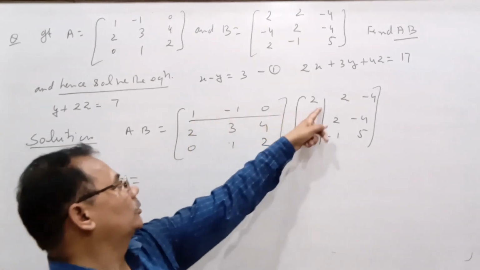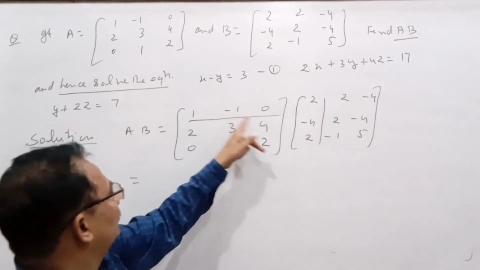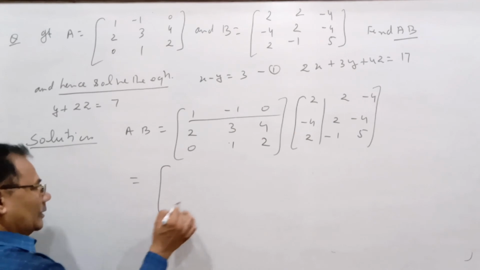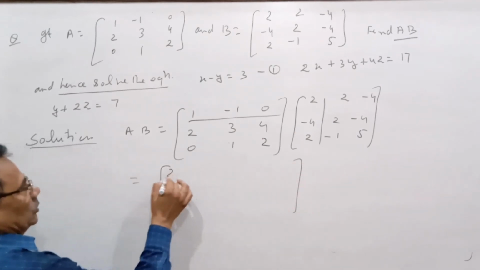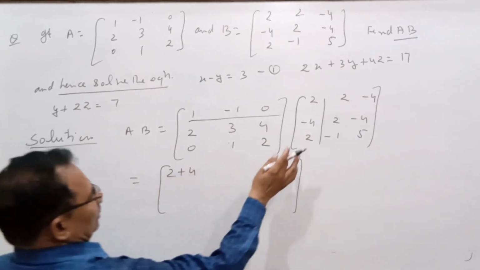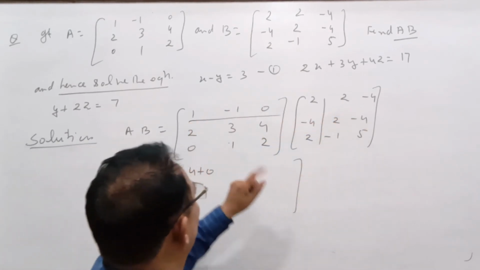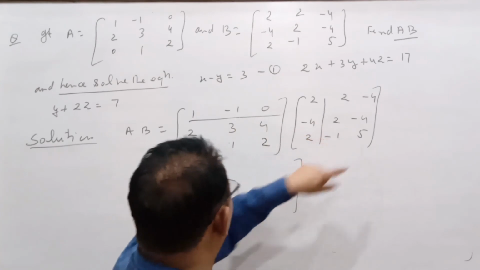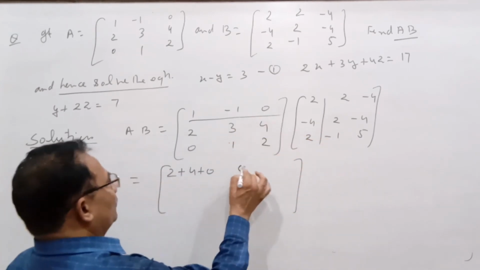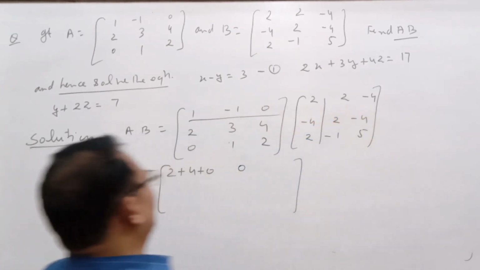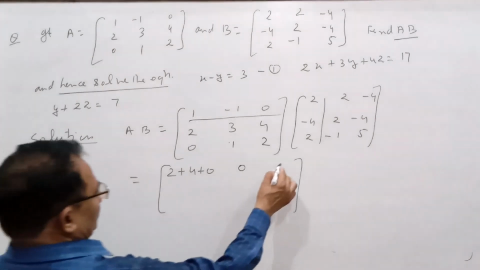देखिए this into this 2 आ जाएगा, this into this that is 2 plus 4 plus 0, this into this 2, this into this -2 that is 0, this into this -4 plus 4 that is 0.